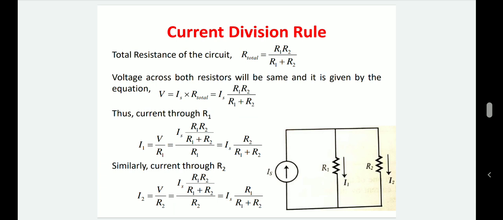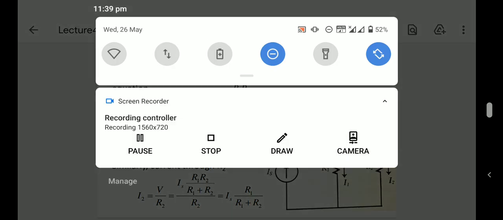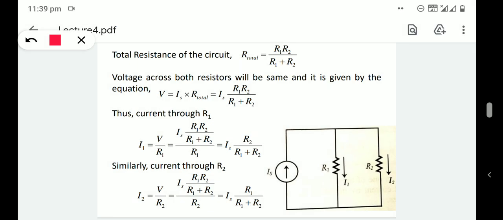We will find out the equivalent resistance of this path. Here R1 and R2 are connected in parallel. So we will first find out the equivalent resistance of the circuit. Then from this equivalent resistance we will be able to find out the voltage across this path.